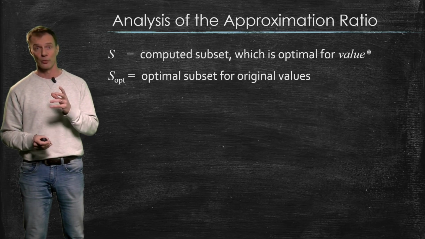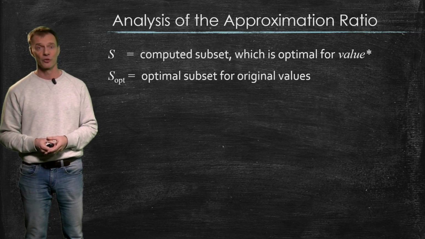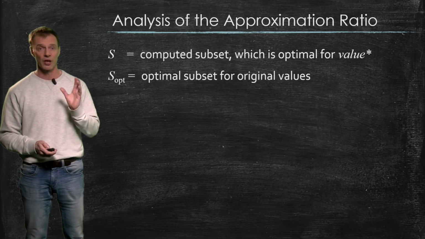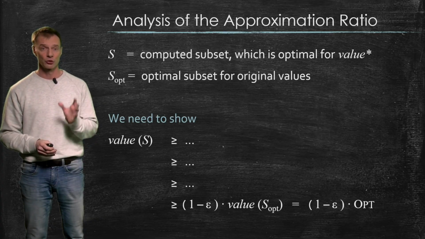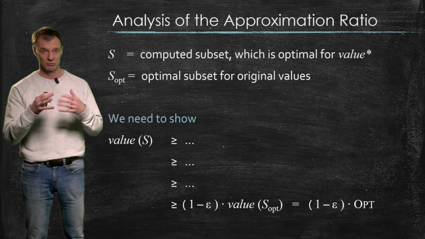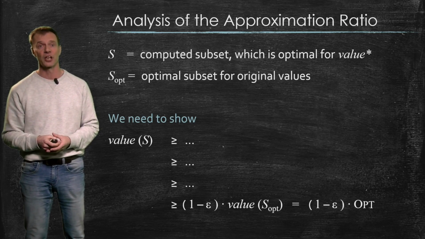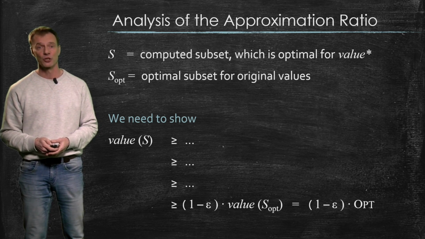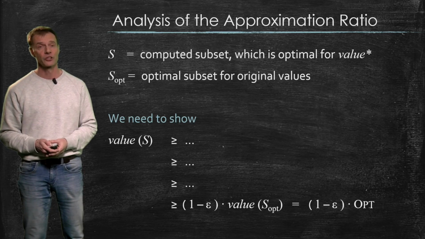So this is the one that we would like to have, but we're going to have an approximation algorithm, so we're not likely to get this real S opt. But instead, we have our subset S. So what we want to show is that the real value of S is at least, well, we're going to give some kind of proof, and then it should boil down to that it's at least 1 minus epsilon times the value of the optimal solution. Or in other words, 1 minus epsilon times OPT.